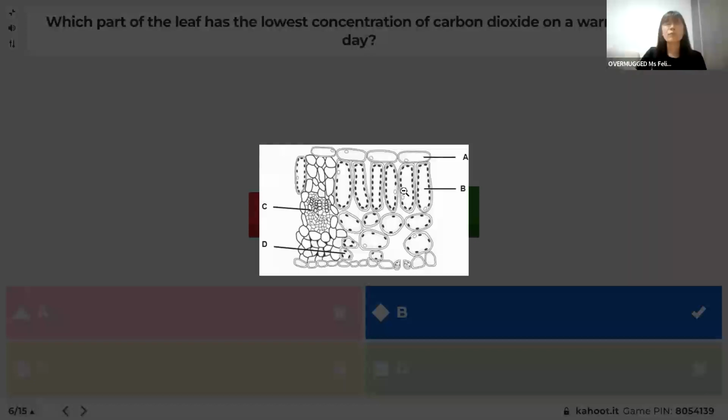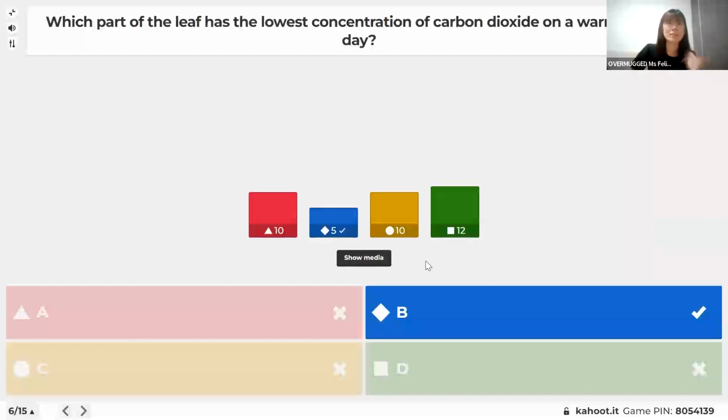Another way is for diffusion to occur. Diffusion is always the movement of carbon dioxide from high to low concentration. So you want the carbon dioxide to move from the surrounding to the palisade. That's why the palisade should be the lowest, so that carbon dioxide moves from high to low and reaches the palisade mesophyll. So that's how you tackle this question.